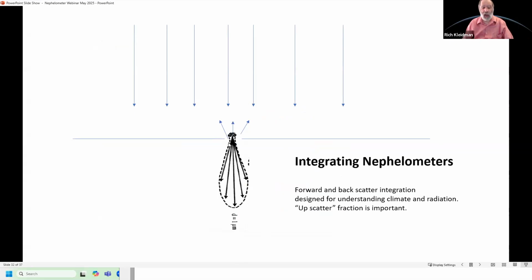And you want to know how much is going to reflect back out into space or back out into the upper atmosphere. So when you're integrating your signal, really what you want to know is the up scatter versus the down scatter, the up scatter fraction. This is important for climate and radiation. So I just thought this was interesting.